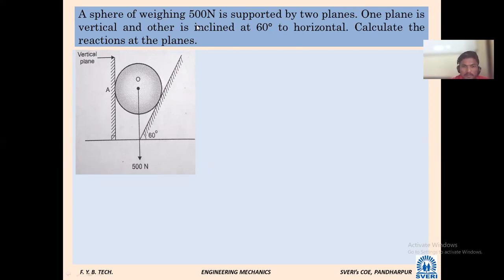Swati Shalke, roll number 48. No response. Roll number 54, Siddharth Nare.